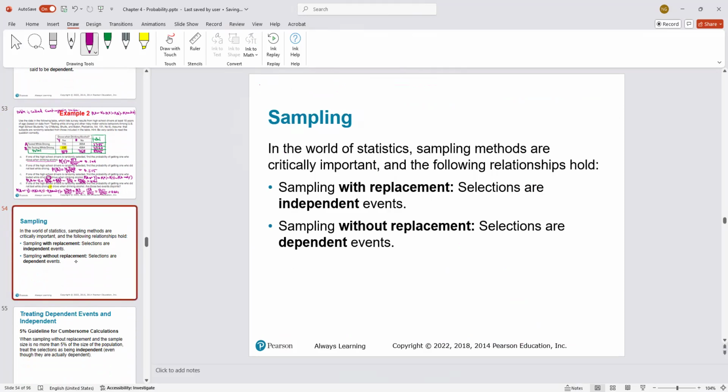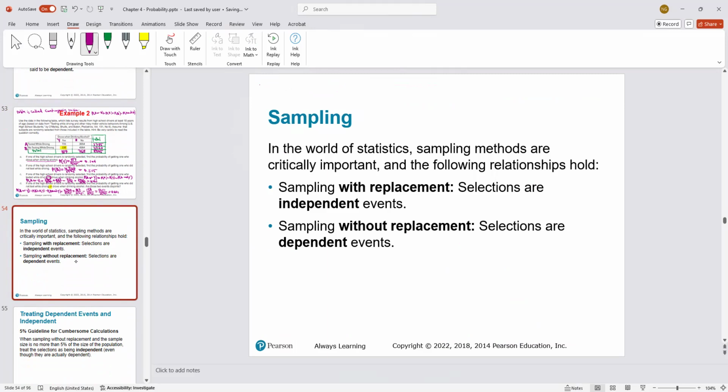Now, before we move any further, we're going to review sampling. Sampling, remember, it's really simple. We need to do some sampling, very important. In the world of statistics, we can say that sampling methods are critically important, and the following relationships hold.